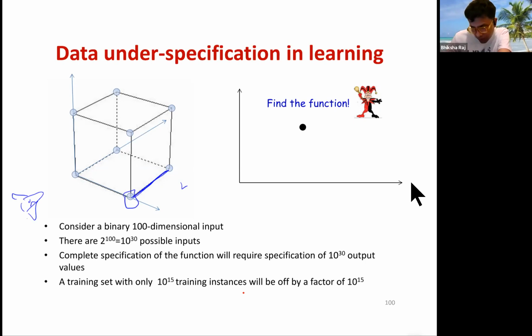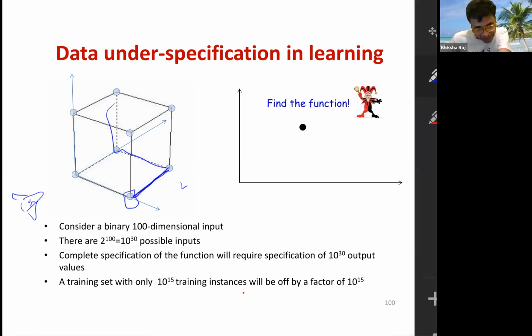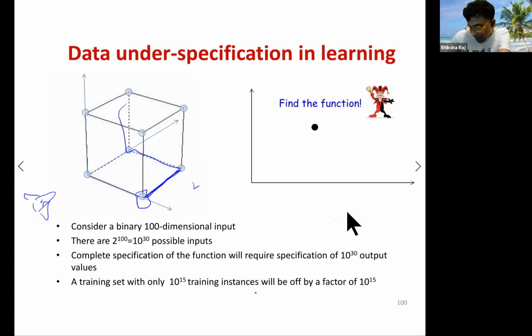I just drop you at a random corner. And then you begin traveling along the edges of the cube, trying to search for one of your training instances, one of the 1,000 trillion training instances that I just gave you. What would happen is that life on Earth would end and the sun would explode before you found that first training point. That's how sparse your training data is.